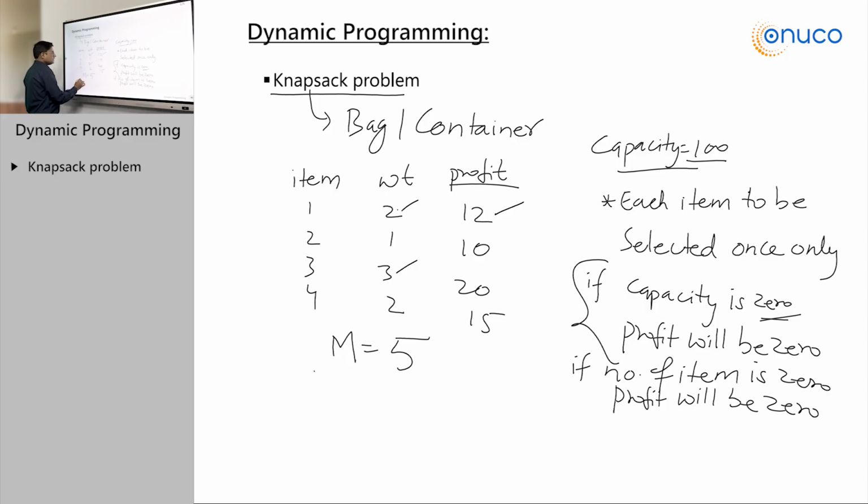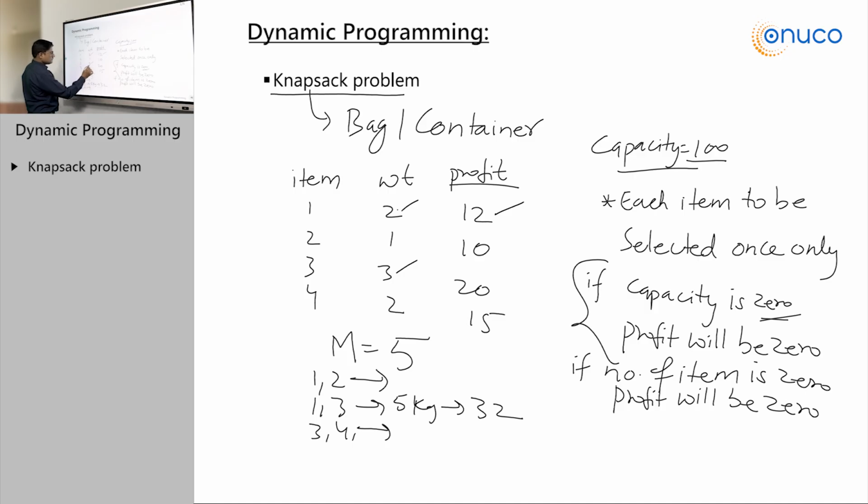If you select the first and second items, what is the weight? 2 plus 1 is 3, and the profit is 12 plus 10, which is 22. If you select the first and third elements, the total is 5 kg and the profit is 32. Then there is the case where we select the third and fourth elements.